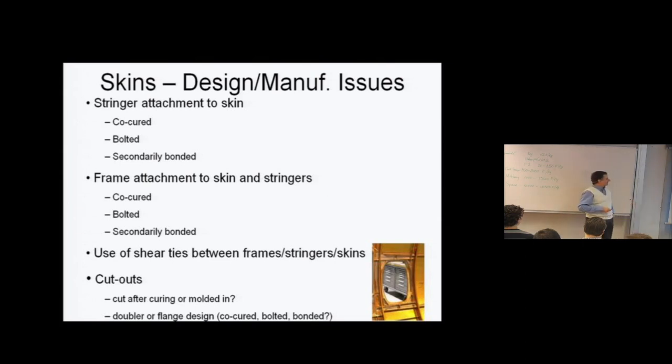disadvantages. And every time you have a cutout, if it's a structure like a fuselage, or even not as much a wing, but the fuselage definitely, like the window cutouts and of course the door cutouts, you need to reinforce.